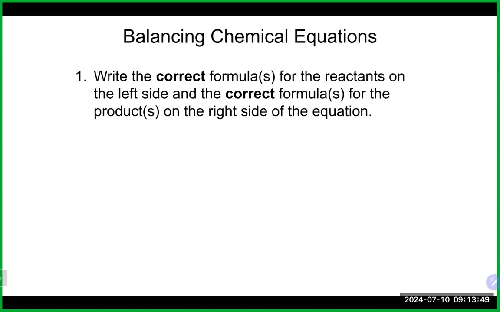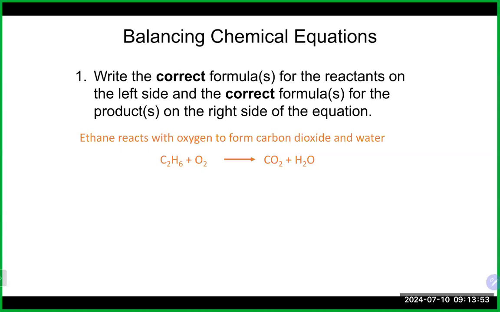So when we balance the equation, there's a couple of steps to use, but most people will do some type of trial and error, I guess is the best way that people do it.